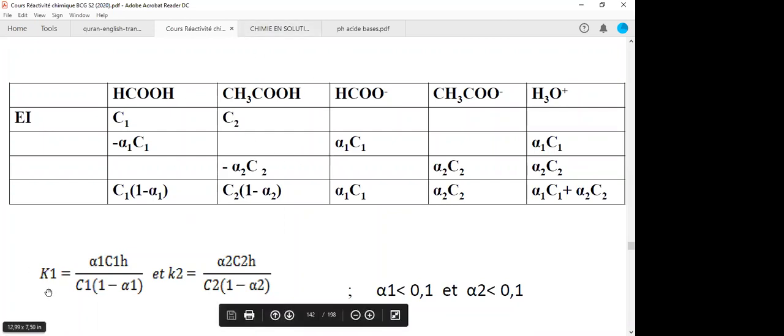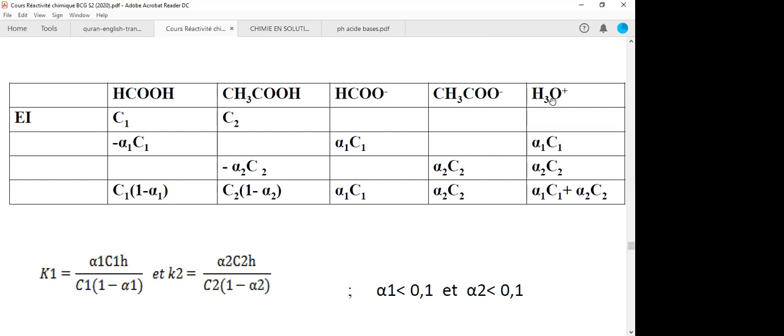So Ka1, the constant of acidity of the decomposition of acid 1, will be given by the number of moles of H3O+ from acid 1 times the number of moles of the conjugate base divided by the number of moles that remained for this acid.